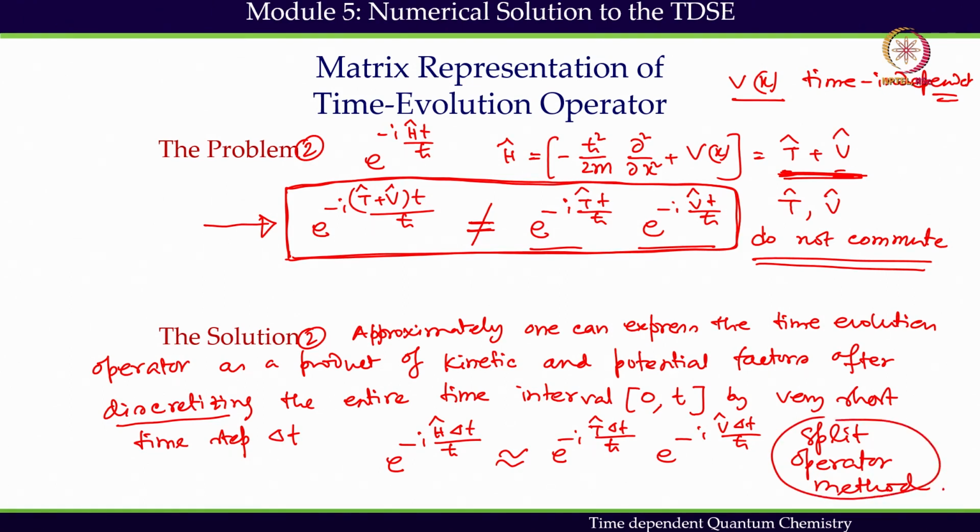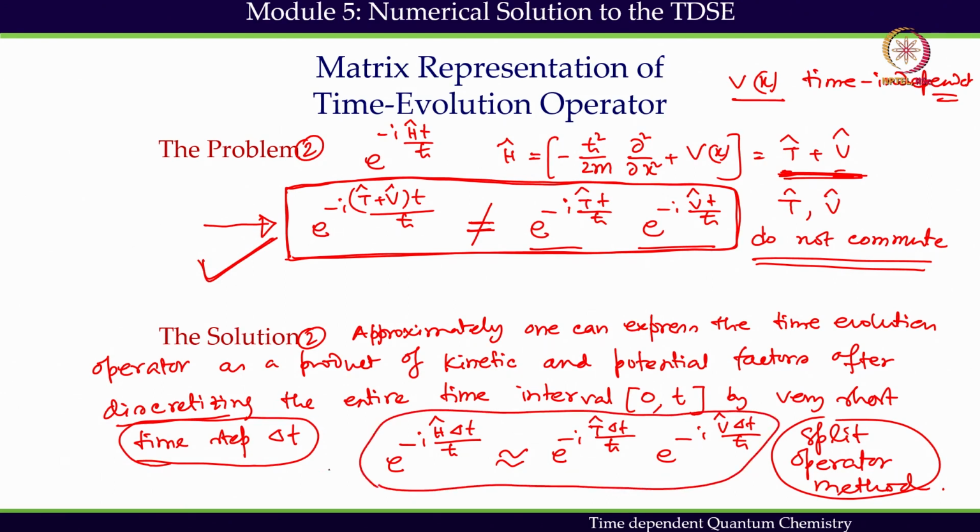So, we have to now prove, first of all, that this inequality is true, and then if I consider a very small time step in the time evolution, then this equality may hold. I have to first prove this one, then I have to go for a proof for this one.